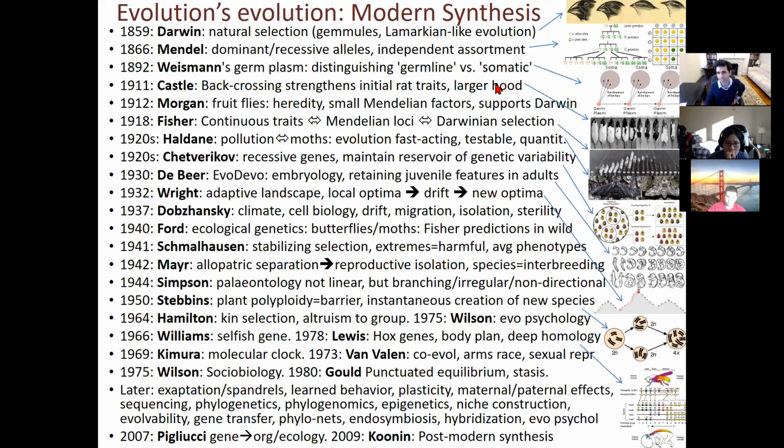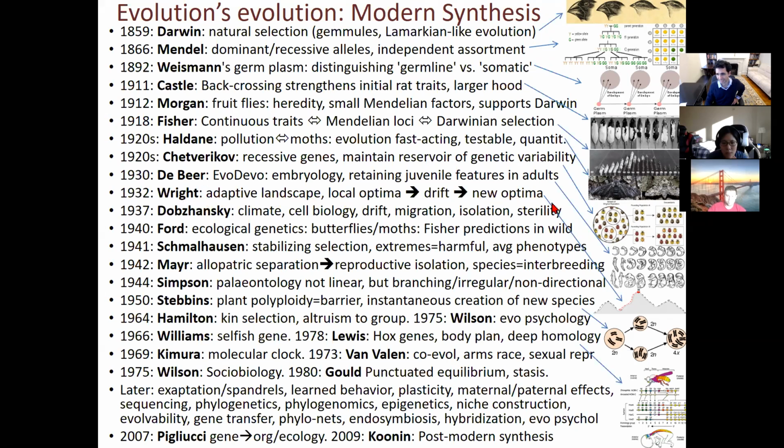So that basically means that the discrete inheritance that Mendel had proposed was probably right. And this concept of the germplasm, distinguishing germline versus somatic, that the germline does not get to interact with the environment except through selection, through the soma that it produces. And, of course, Darwin with natural selection, and then Mendel with dominant recessive and also independent assortment.